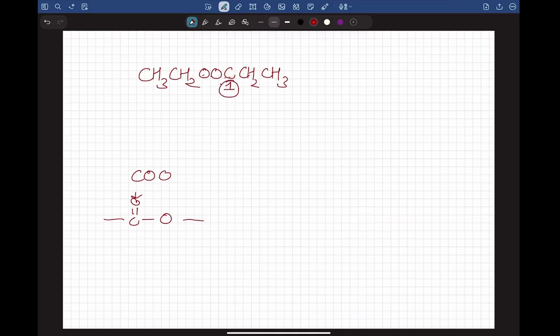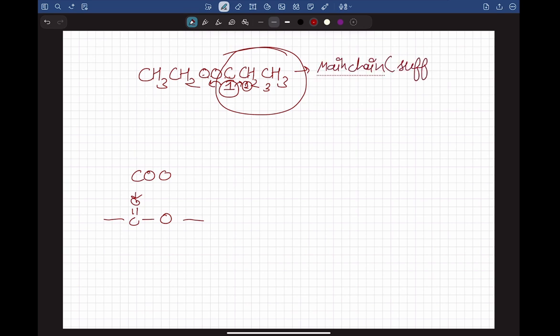Now again the same thing. If you try to go to the left in this case, oxygen is there. But if you try to go to the right, you will find carbons. That again tells me that this section is the main chain, and main chain is responsible for giving the suffix in the organic compound. 3 carbons, so propanoic acid. What about the other part then?